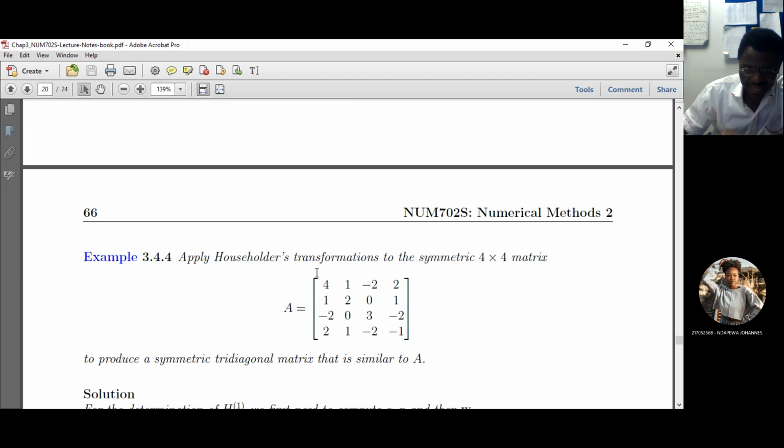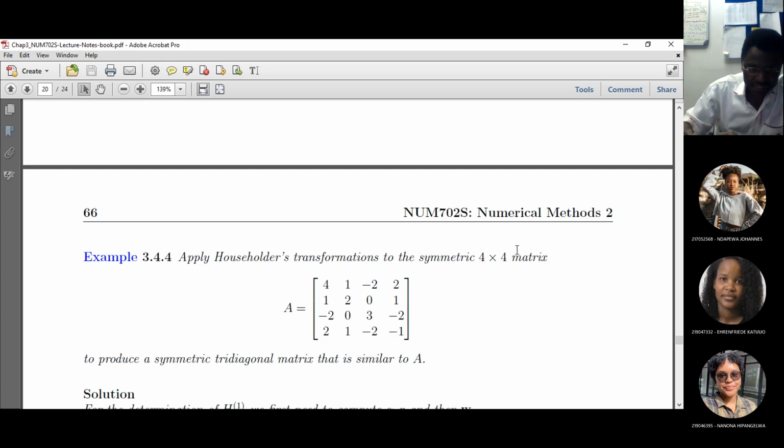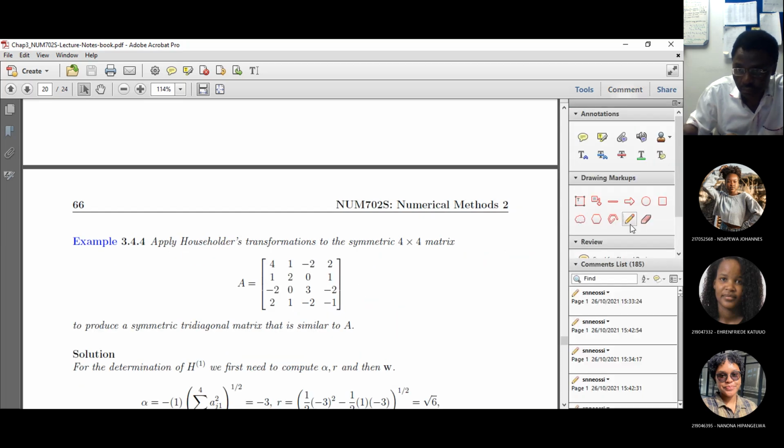If I draw a line along the main diagonal, like this, that's the diagonal.